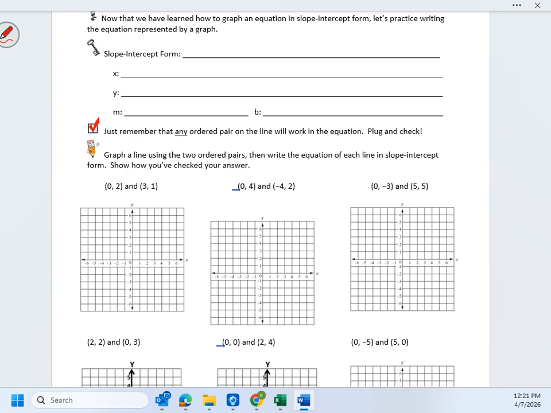So slope-intercept form is what? Everybody say it together. Y equals mx plus b. This is super important. You will use it all the time. You cannot just write mx plus b. It has to be y equals mx plus b.